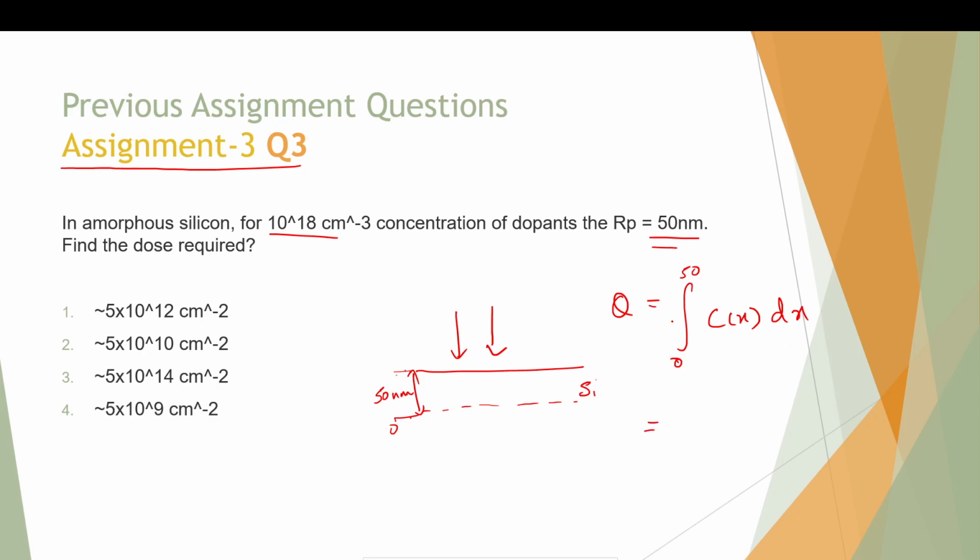That is the equation for dose, and this was discussed in the class. They are telling us the concentration of dopants should be so much. Since they have not given us the concentration profile, let us assume that they require a constant concentration in this range, and then the concentration drops to 0 after this. So now let us calculate the dose based on this.